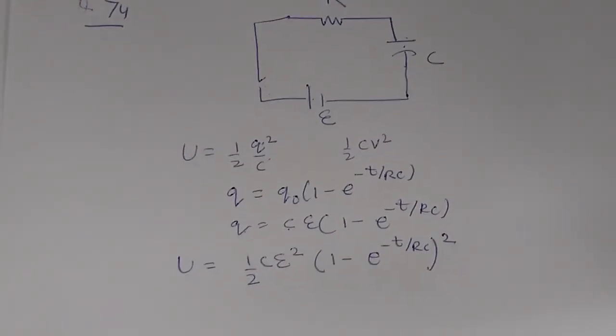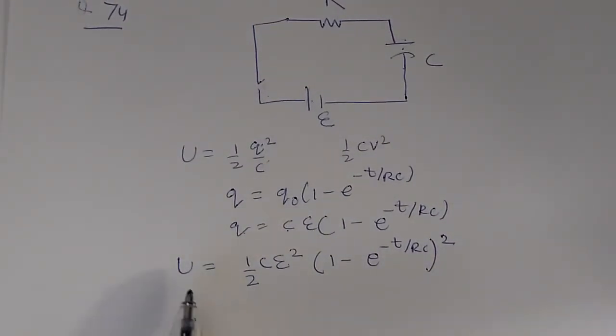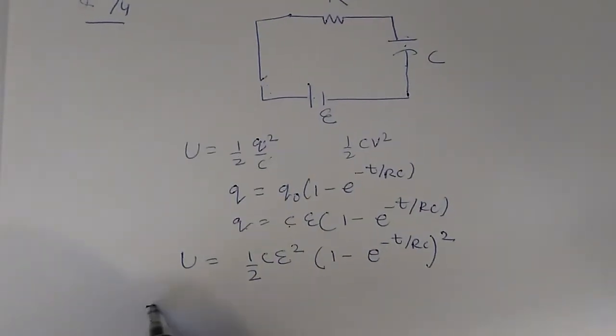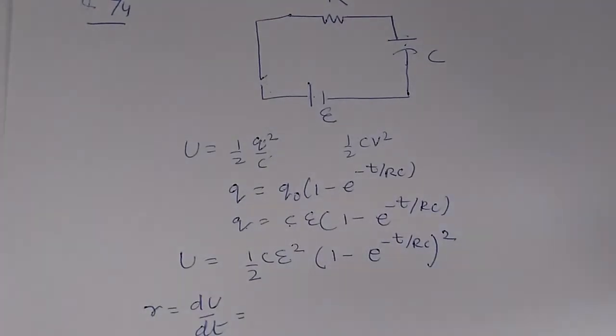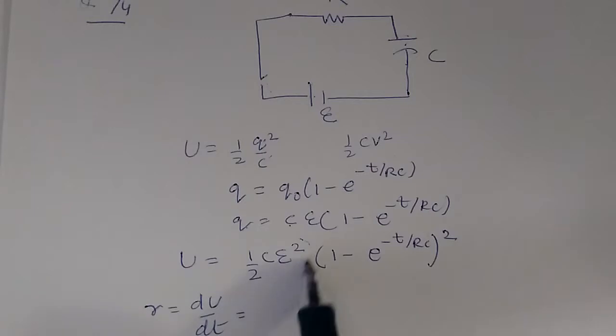Now we need to find the rate at which this energy storage in this capacitor changes. So let's call this rate R, which we say as dU by dt, and this whole thing stays constant.